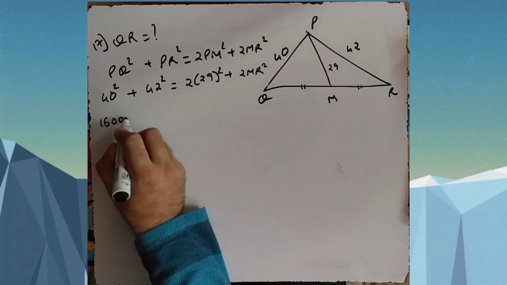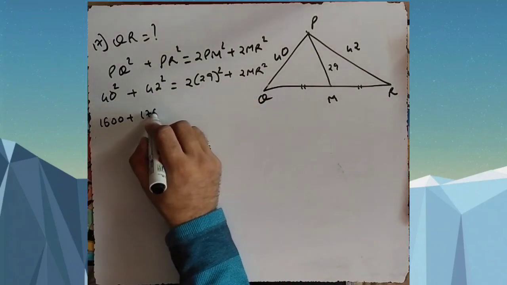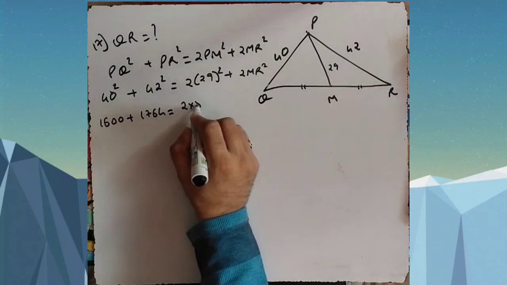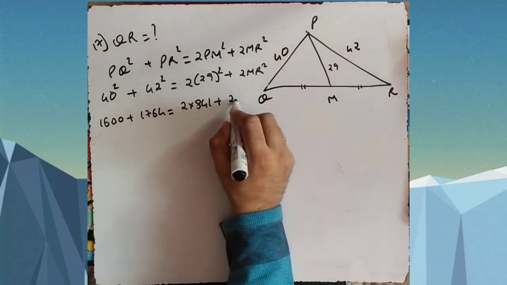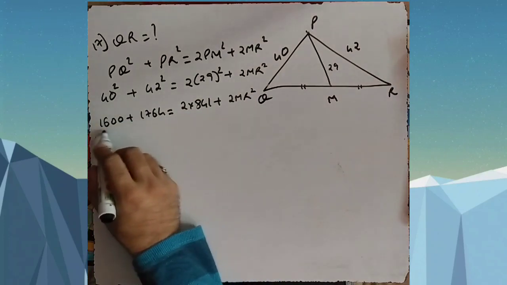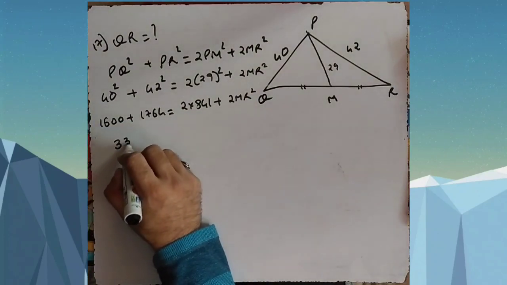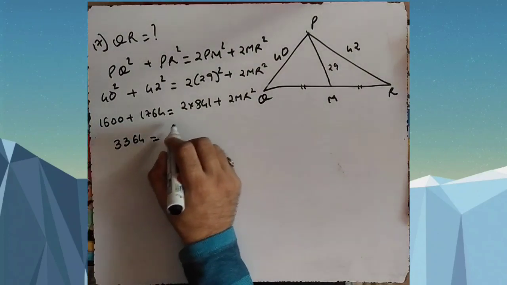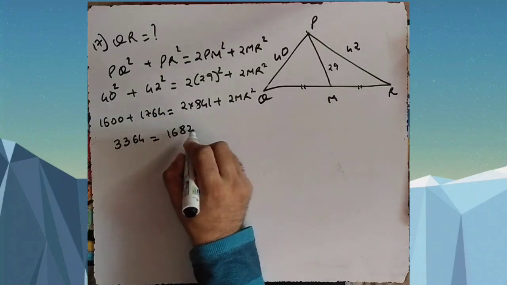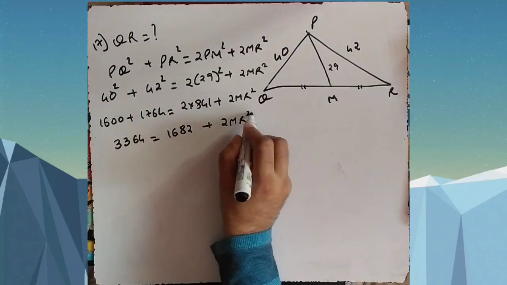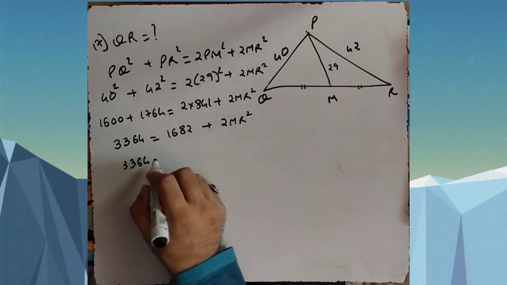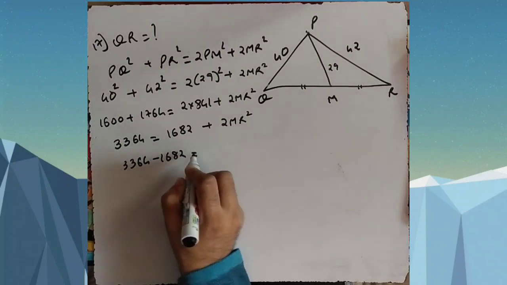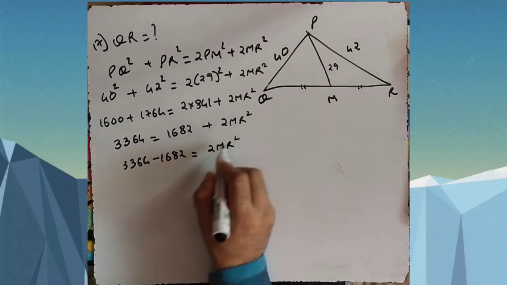Now substituting the values, 40 square plus 42 square is equal to 2 into 29 square plus 2MR square. MR we have to find out. 40 square is 1600, 42 square is 1764, 2 into 841 plus 2MR square. If you add this, you will get 3364 is equal to 1682 plus 2MR square. 3364 minus 1682 is equal to 2MR square.